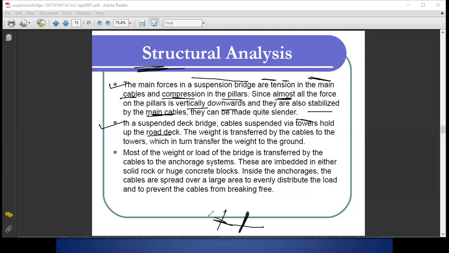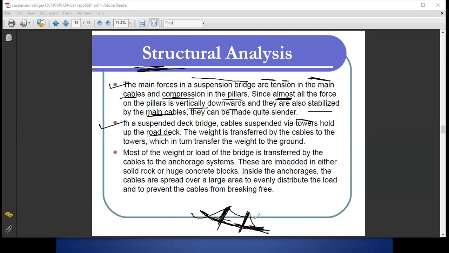This is the suspension cable, anchorage cable. So in the case of a suspended deck bridge, cables suspended via these vertical towers hold the road deck slab.